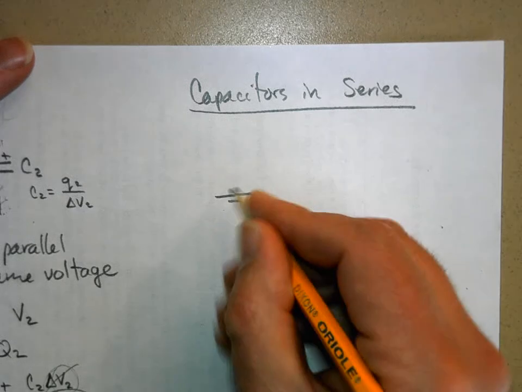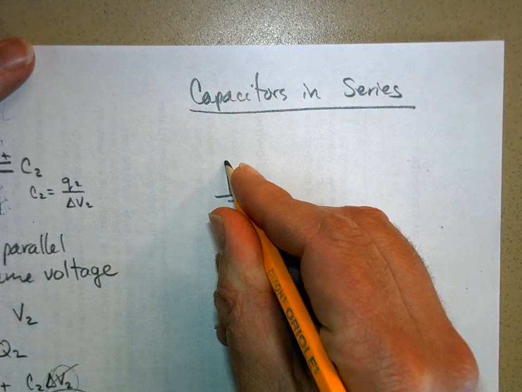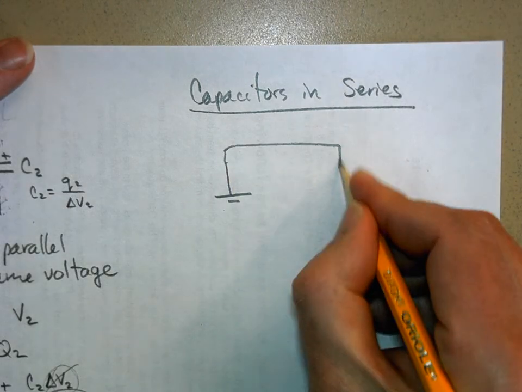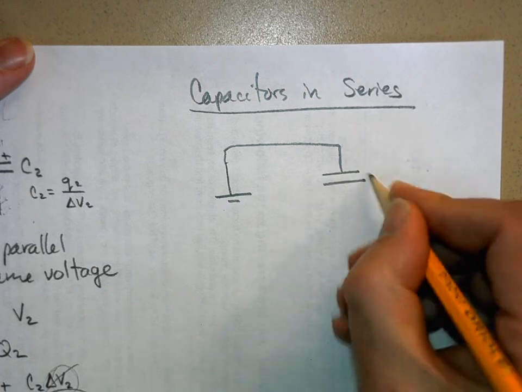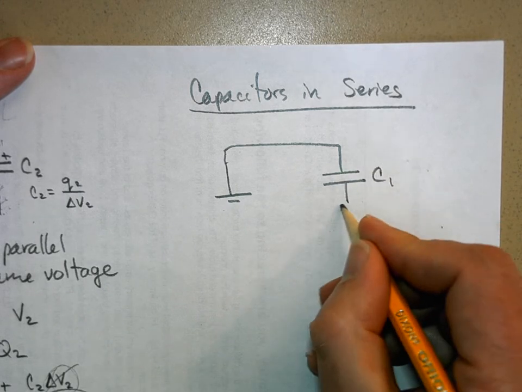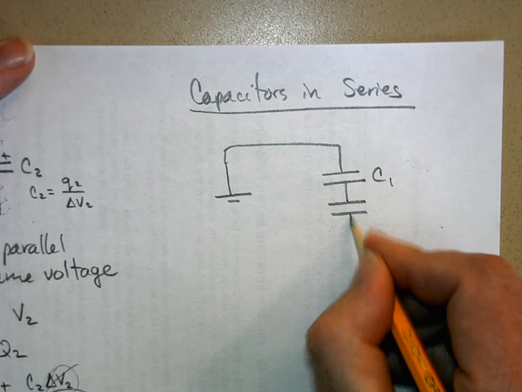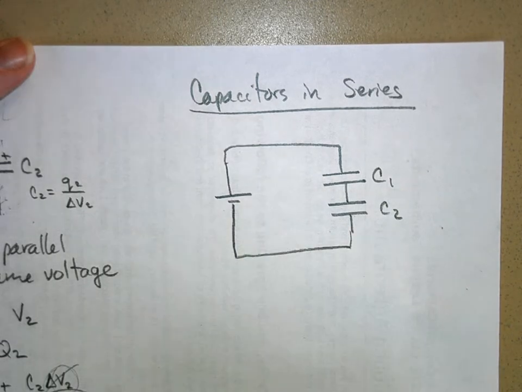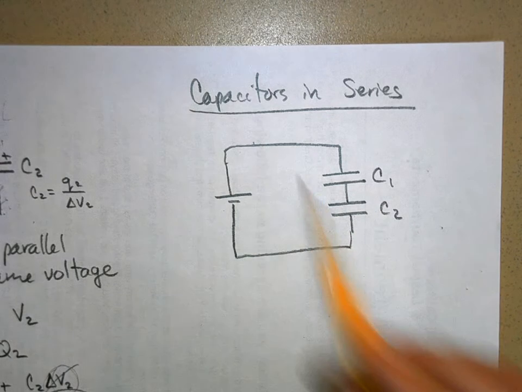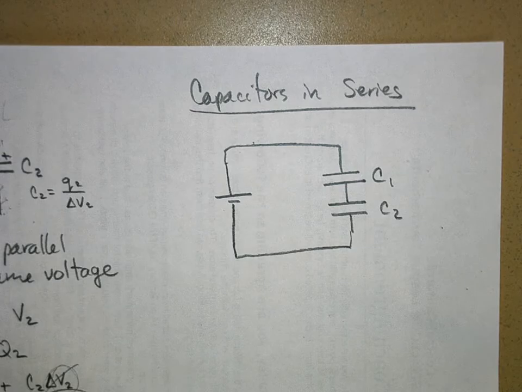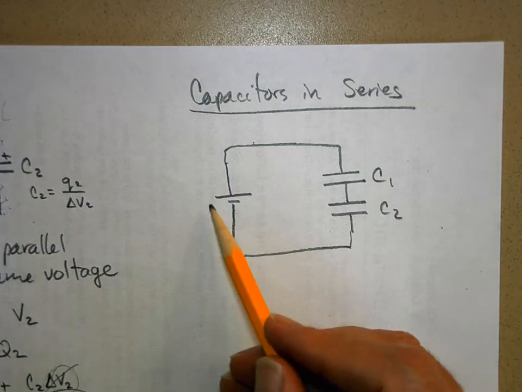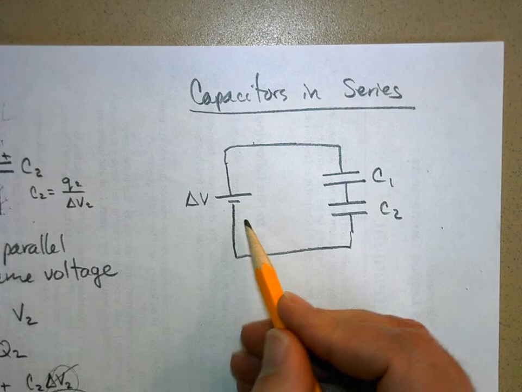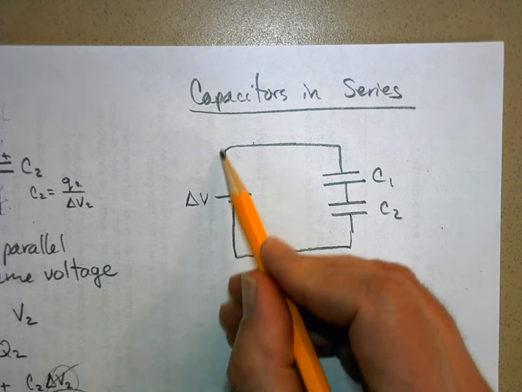So I'm just going to put here's C1, and here's C2. So let's say I close the switch and things start happening. What this battery, delta V, does is it forces charge to move up here and it fills up this capacitor.